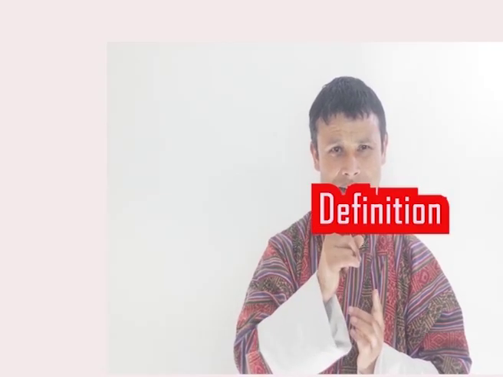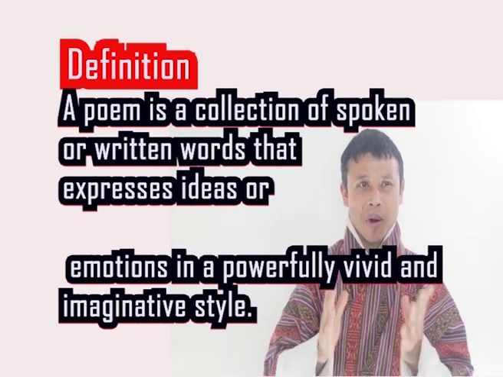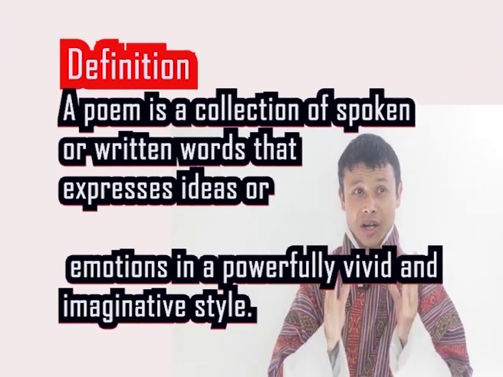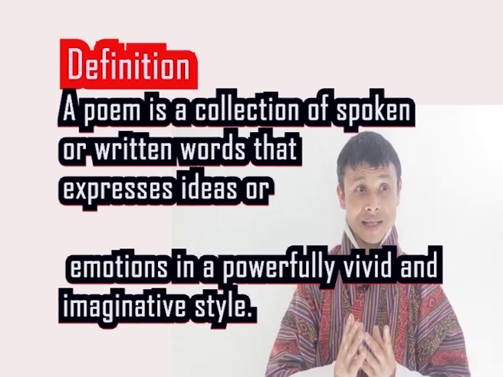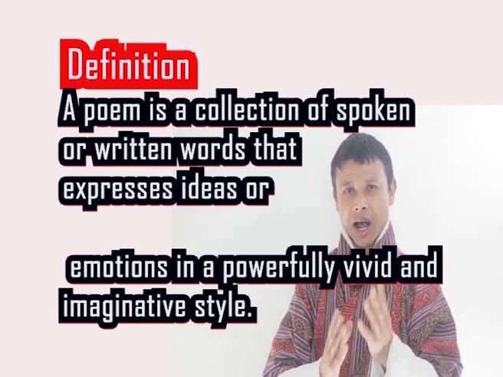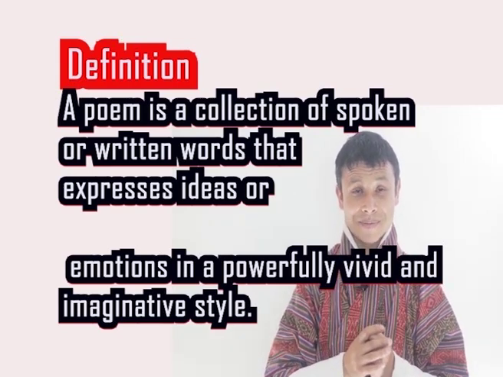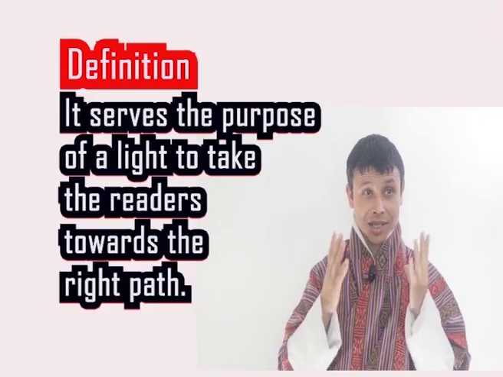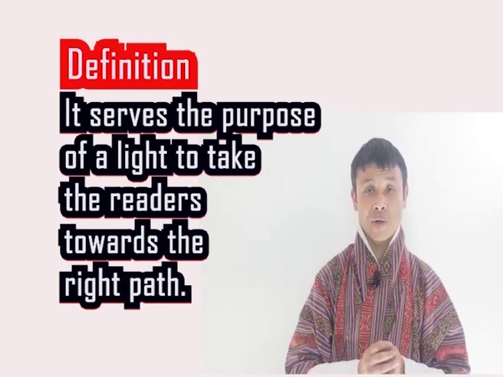First, let's look at the definition. A poem is a collection of spoken or written words that expresses ideas or emotions in a powerfully vivid and imaginative style. It serves the purpose of a light to take the readers towards the right path.